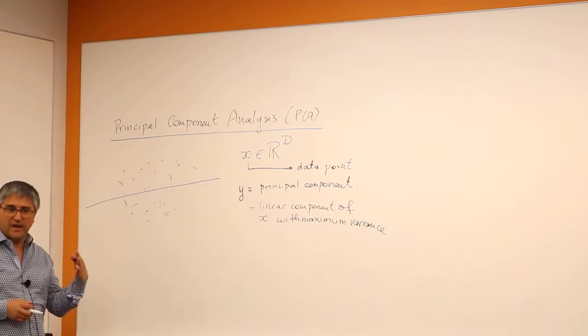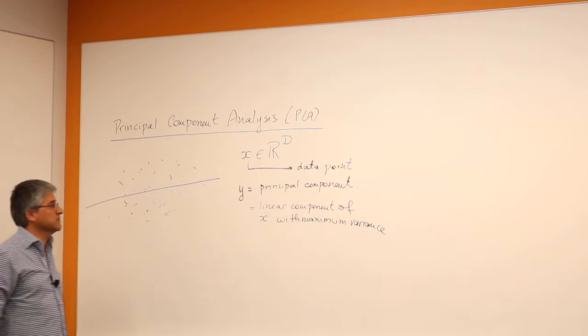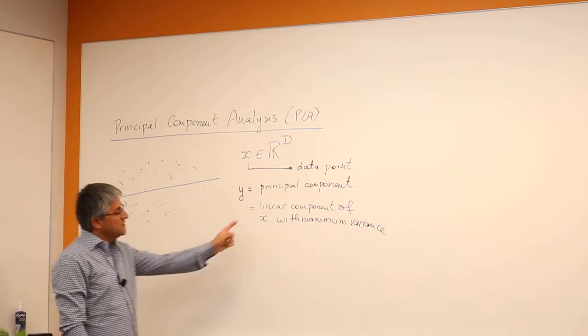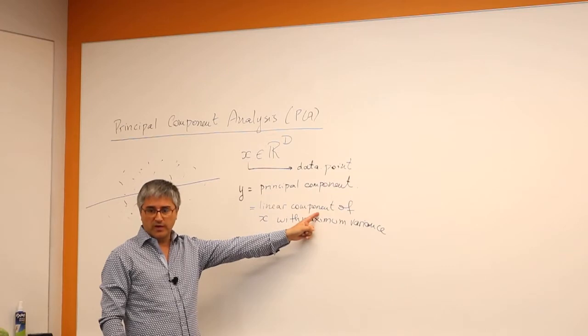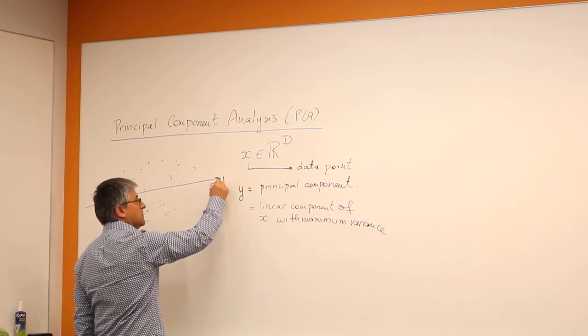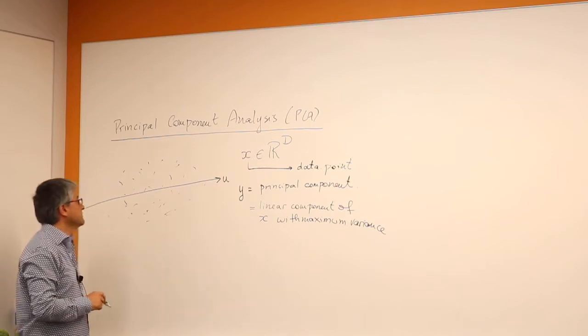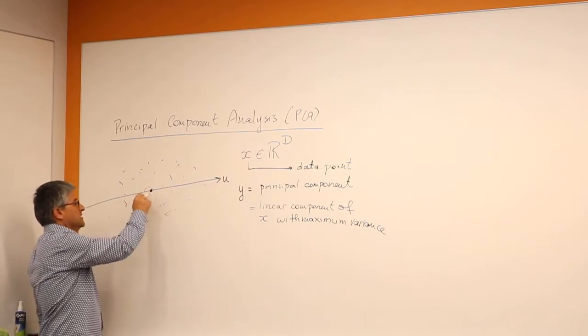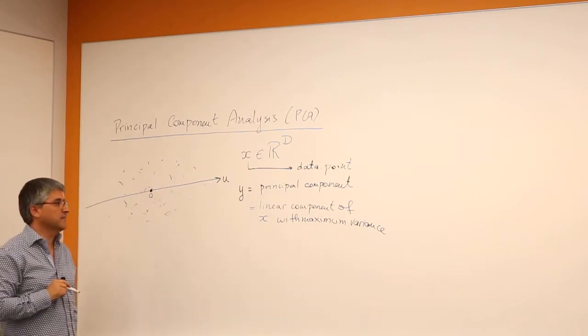So let's formalize it in actual equations. First there is this word linear component. What that means is that I need to pick some direction, and I'm going to call this direction U. Let me assume that the origin happens to be there.